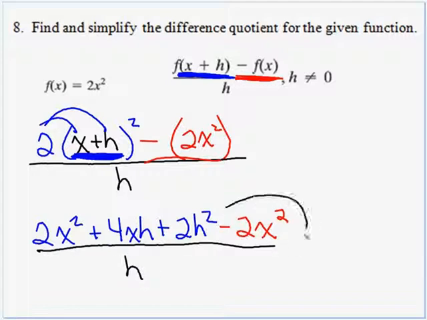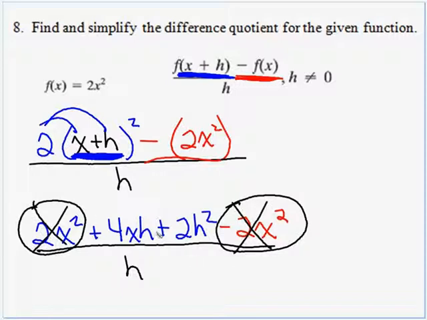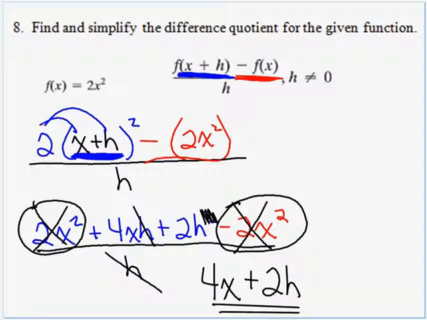Well, what cancels? Negative 2x squared and positive 2x squared cancel. And now I have a divide by h. Both of my numerator terms contain an h, at least one h. So the denominator h will cancel out this one, and it'll knock the squared down to a first power. So what am I left with? 4x plus 2h. And there's our final answer.